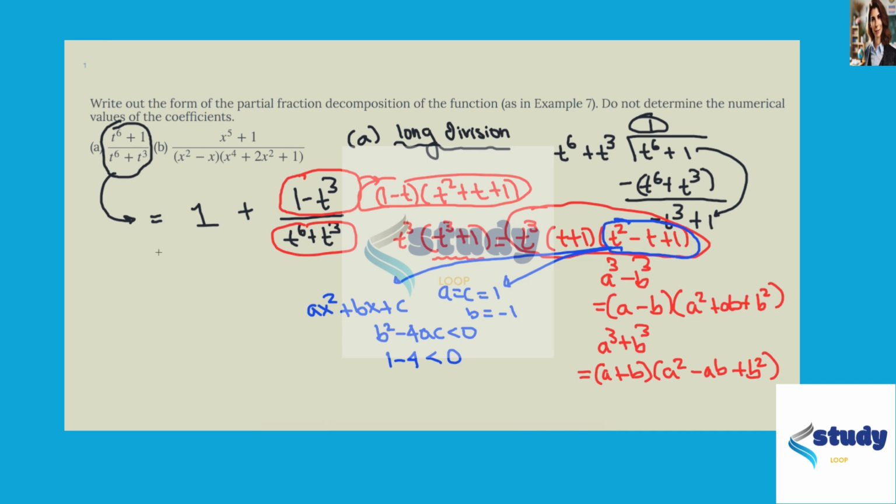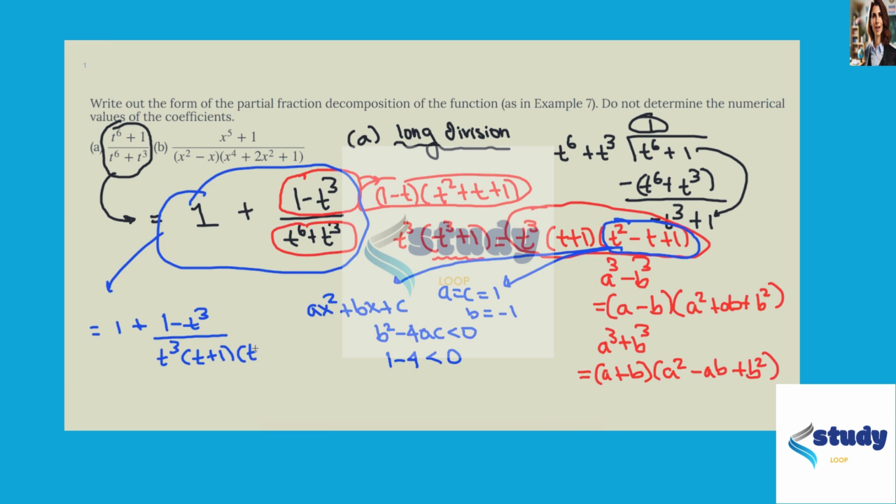So let's go ahead and rewrite this. This was our previous expression, and now this is all equal to 1 plus. And since there's no factorization and there was no cancellation, you could go ahead and just leave it as 1 minus t cubed if you like. Doesn't matter. We'll replace it in a moment. Then on the bottom, we have t cubed, t plus 1, and then t squared minus t plus 1.